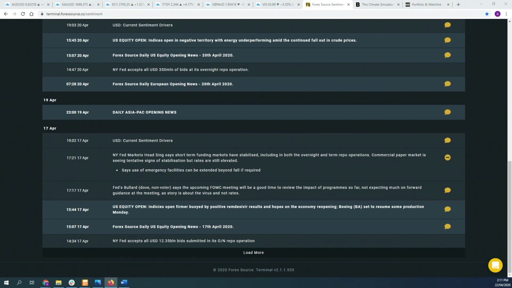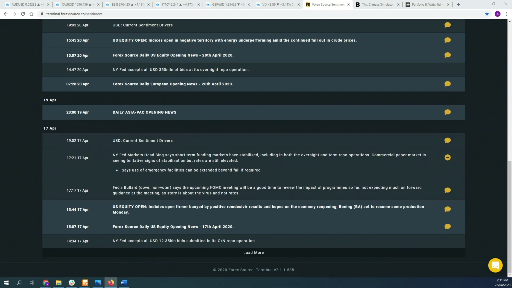Now, from a day-to-day operation point of view, these transactions are usually, for the most part, daily operations, but they can also be 7-day operations or 30-day operations, as we've seen the Fed do previously. The biggest application for this in our trading, however, is when it deals with actual liquidity in the market.